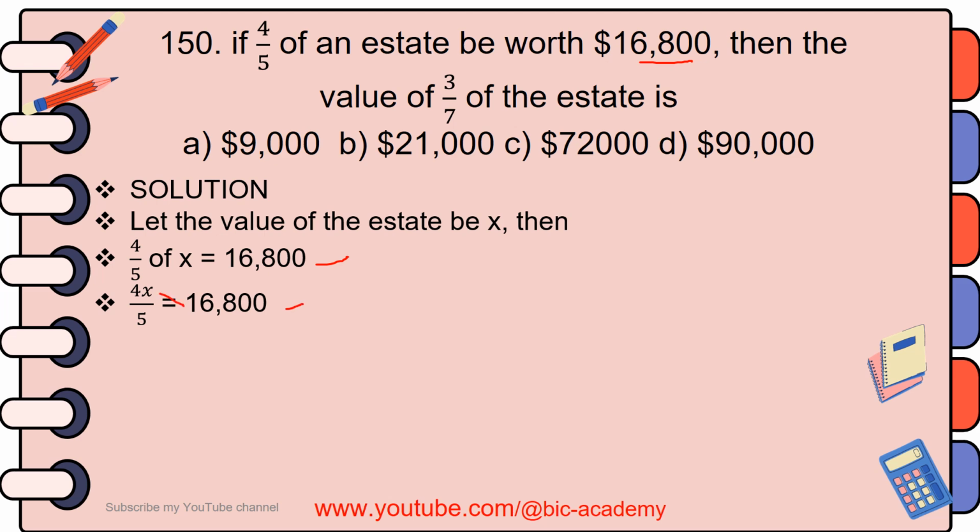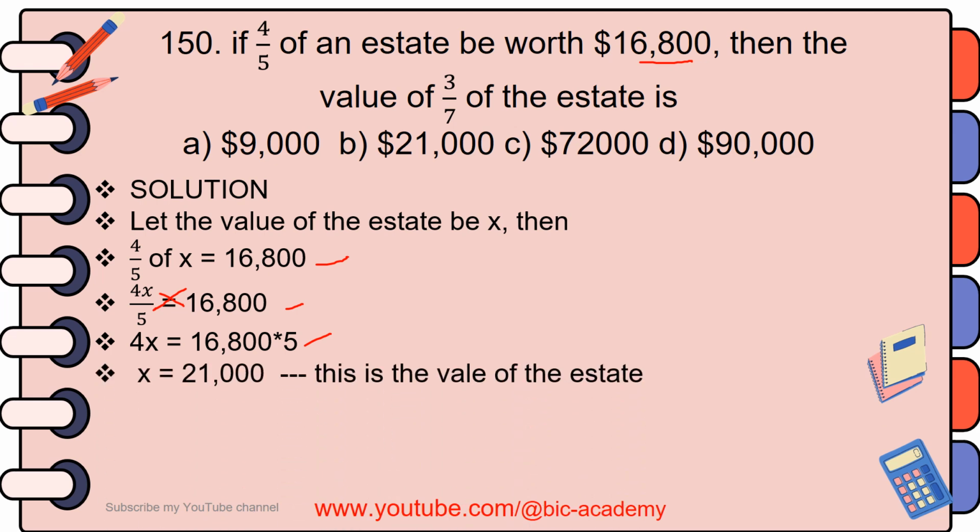Then crisscross it, you get 4x is equal to 16,800 times 5. To solve for x, divide both sides by 4. You get the value of x, which is equal to 21,000. So this is the value of the estate.